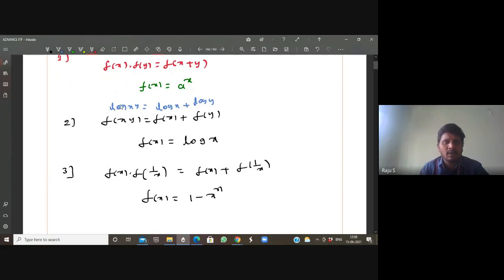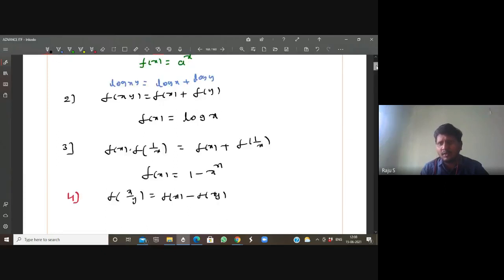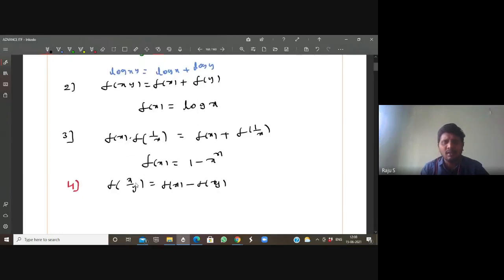Right. Then any other, since we know that here clearly fourth one also we can take: f of x by y is equal to f of x minus f of y. This is not important, but anyhow remember that. Here also same, what is the function in this case?